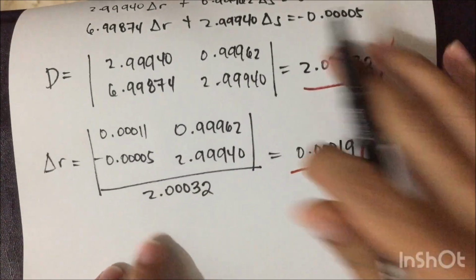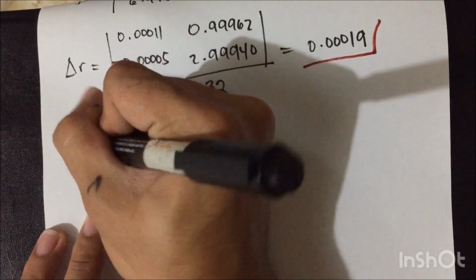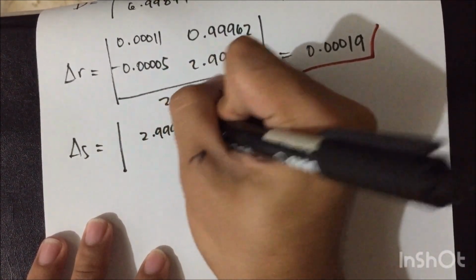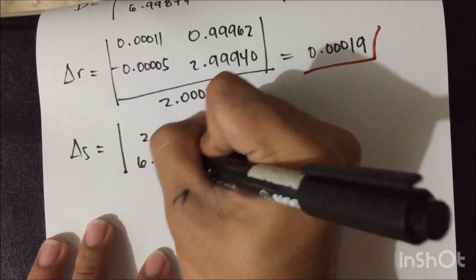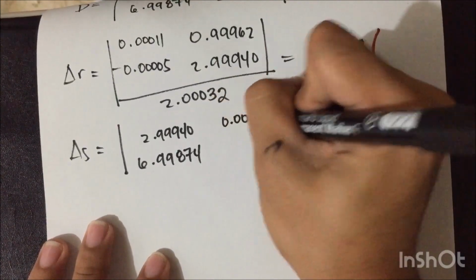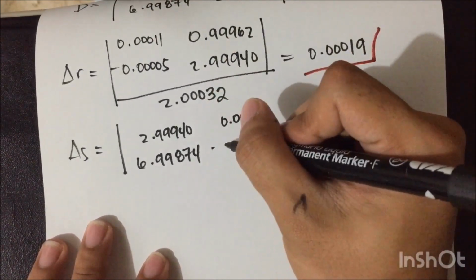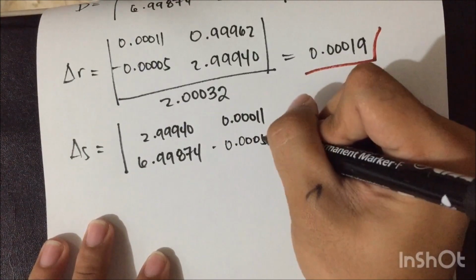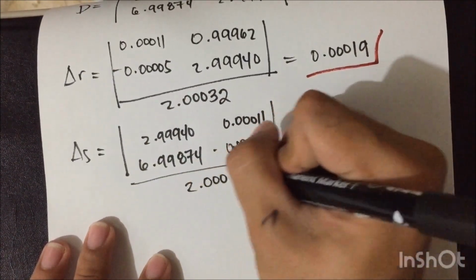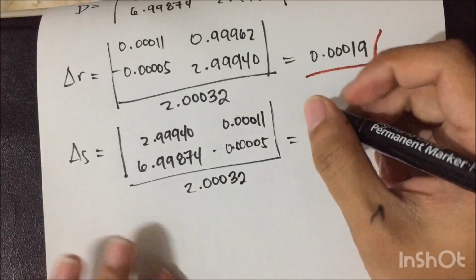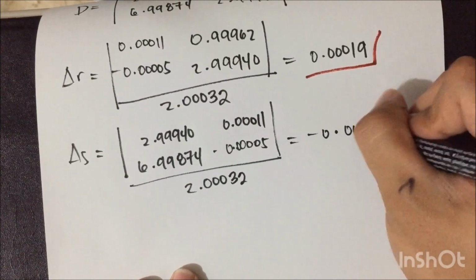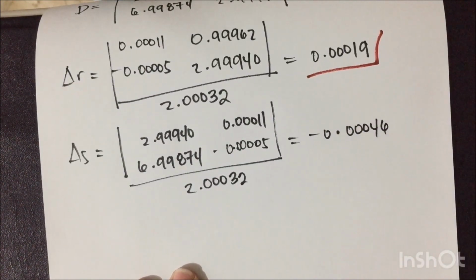And for delta S, we have 2.9940, 6.99874, and the constant 0.0011 and negative 0.00005 over the determinant 2.00032, which will be equal to our delta S negative 0.00046.